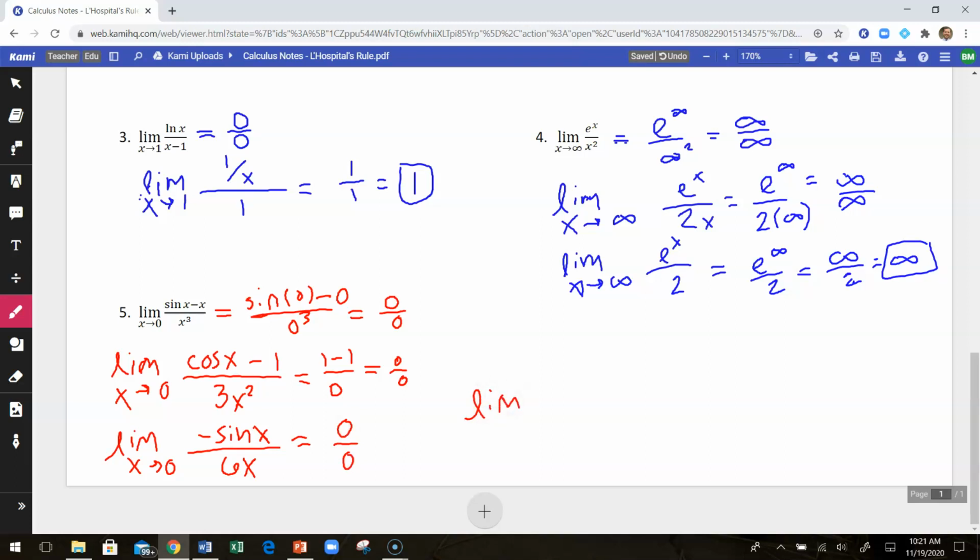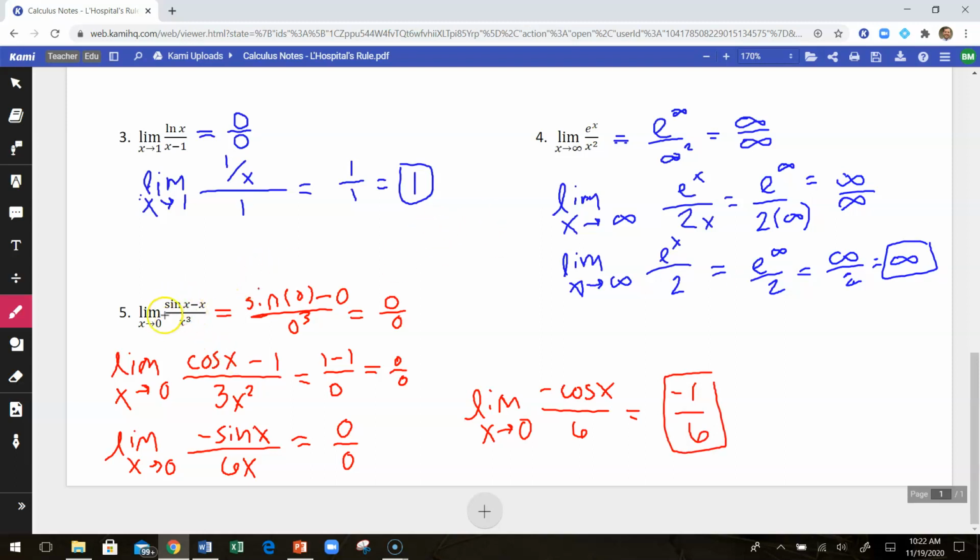The limit as x approaches 0. The derivative of negative sine x is negative cosine x. The derivative of 6x is 6. Now I can evaluate the limit. If I plug in 0, negative cosine of 0 is negative 1, so it's going to give me negative 1 over 6, and that is my answer, negative 1/6.